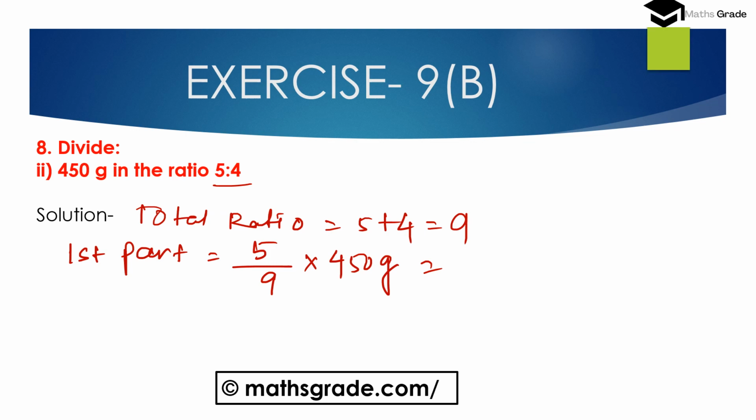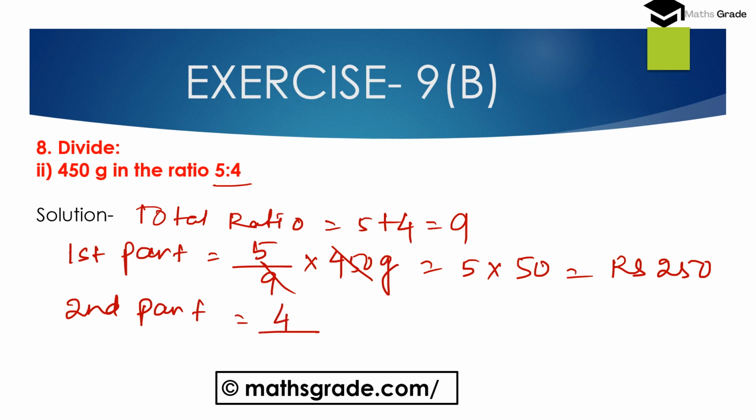Now cancelling 9 and 450, 9 times 50 is 450. So 5 multiplied by 50 is 250 grams.